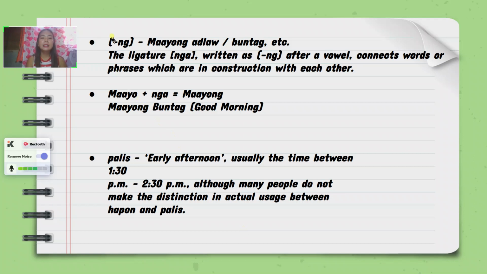Next is plus NG or ng. For example, maayong adlaw, maayong buntag, maayong gabii, or good afternoon in English, maayong adlaw, good day. So the ligature, okay, for a moment, I don't know how to pronounce this one.